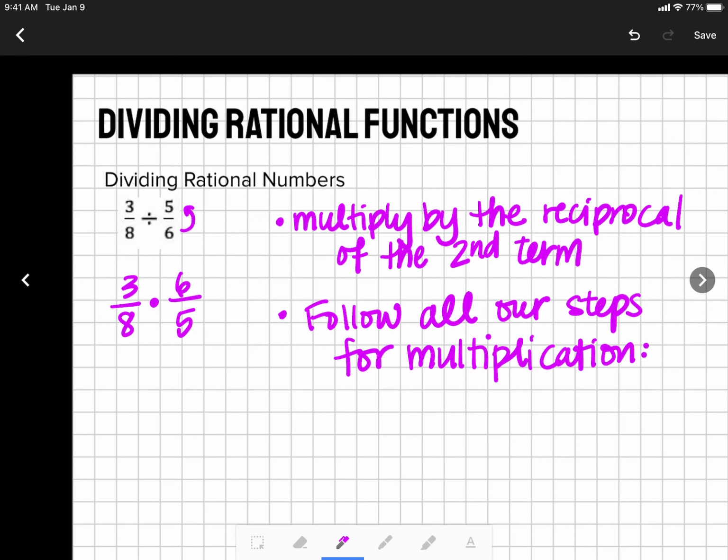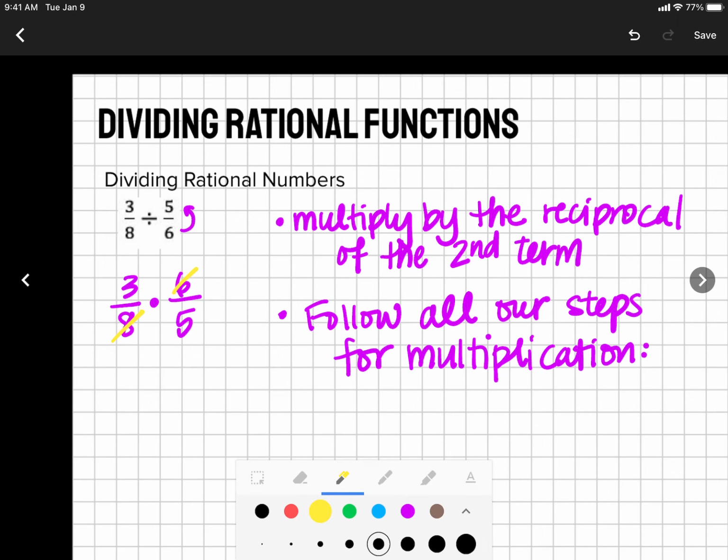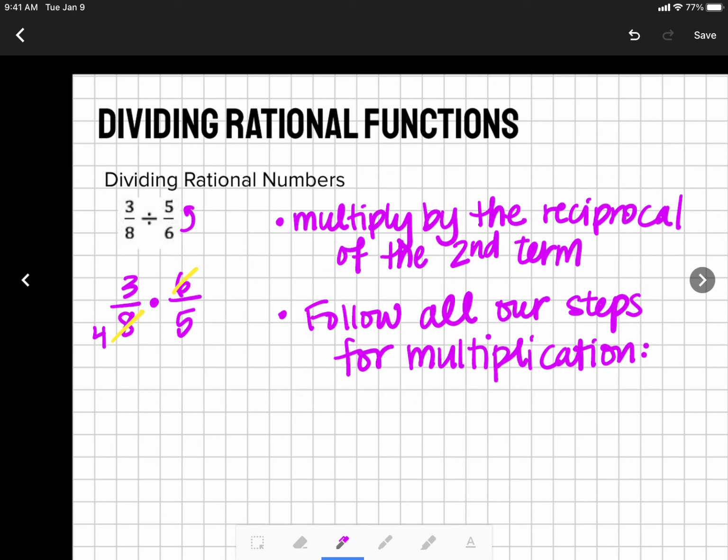So let's start by reducing. Is there anything we can reduce here? Do we have any common factors? Well, I think 8 and 6 have some common factors. I think 8 is 2 times 4, so we can take out that 2 and just be left with 4. And 6 is 2 times 3, so we can take out that 2 and just be left with 3.